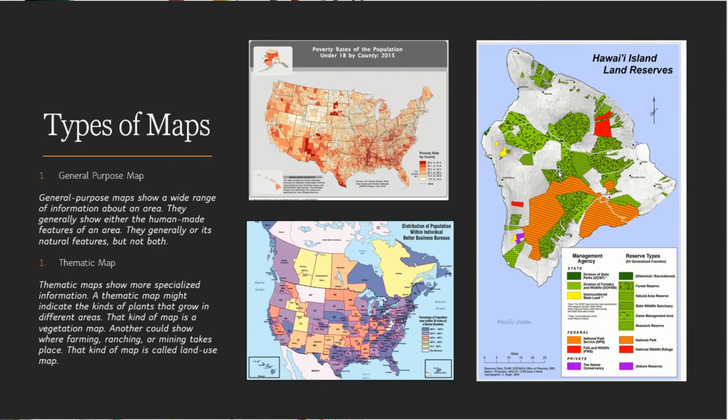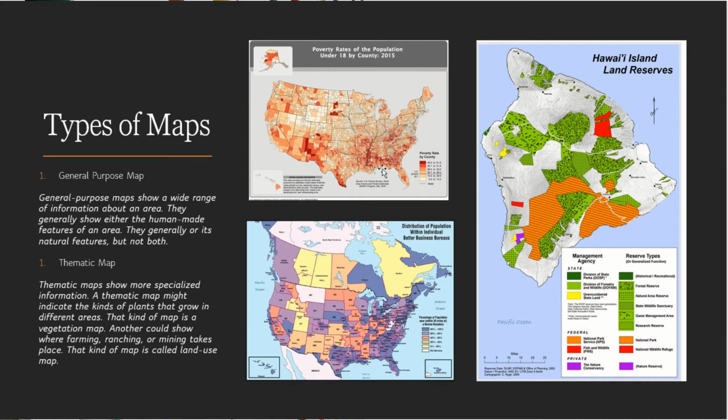So the theme can be the climate, it can be the population distribution, it can be the weather conditions, it can be the environment interaction, it can be the forest. Any subject matter can be a theme, but at a time we can represent only one.